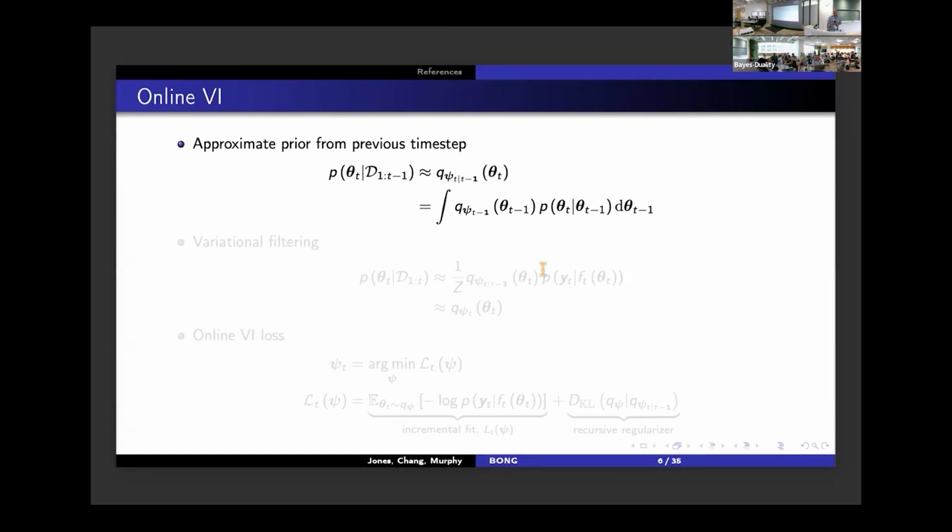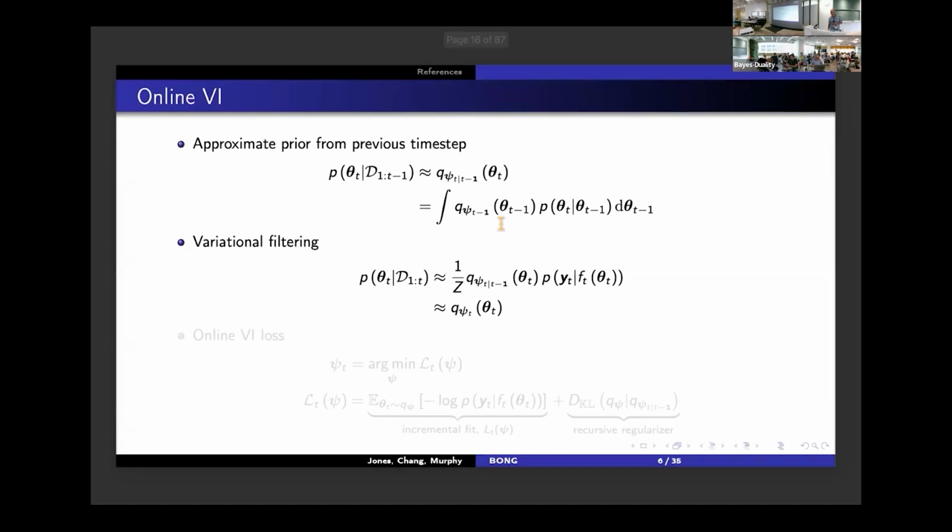So we have a prior coming from the previous time step, which I'm going to denote as psi t given t minus 1, which is just notation for the belief state about theta t given all the data up to t minus 1. That once again just comes from pushing the posterior after step t minus 1 through the dynamics. That's not really going to be the focus here. The focus here will be on the update step.